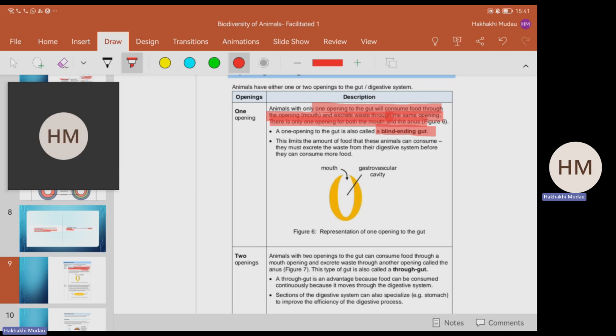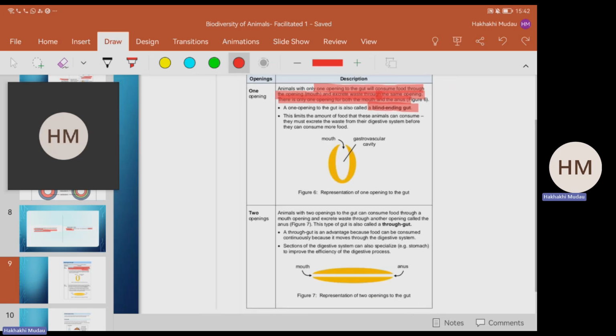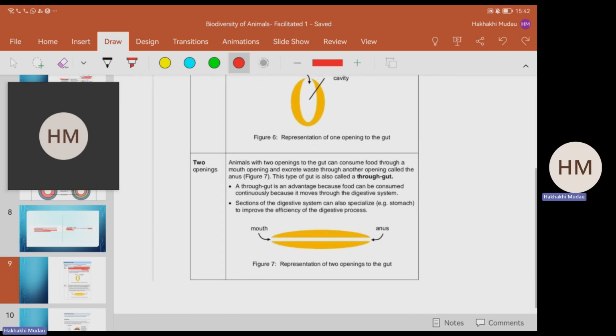This limits animals because they cannot consume before they excrete the waste. So they have to consume, excrete the waste, and then consume again. If the waste is not excreted, these animals cannot consume again, which limits food consumption. While we also have something called a through gut, which is a gut with two openings. There is one opening for ingestion and one opening for egestion or excretion.